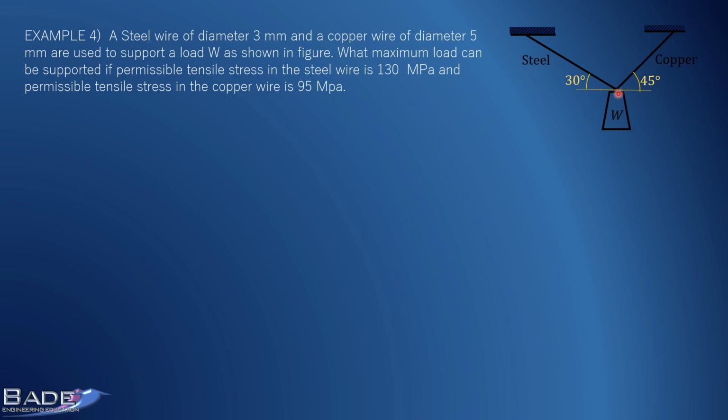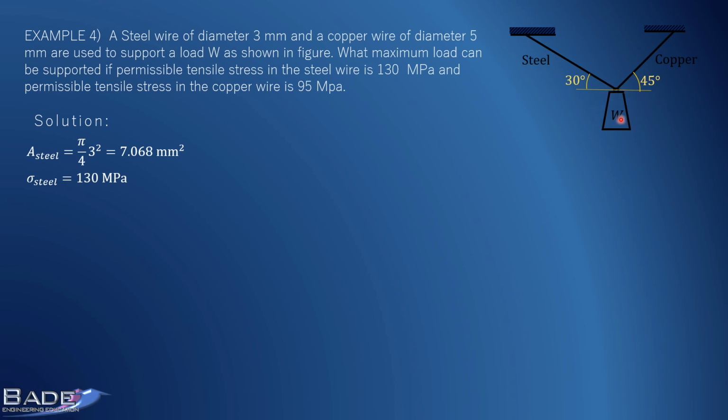So how you are going to tackle this problem? Try to understand. Area of steel, pi d squared by 4, 3 millimeters is diameter of the steel wire. Stress in steel must not exceed 130 megapascal. Remember, this is not stress in this steel wire. Try to understand what I am saying. Stress in this steel wire depends on what load you hang here.